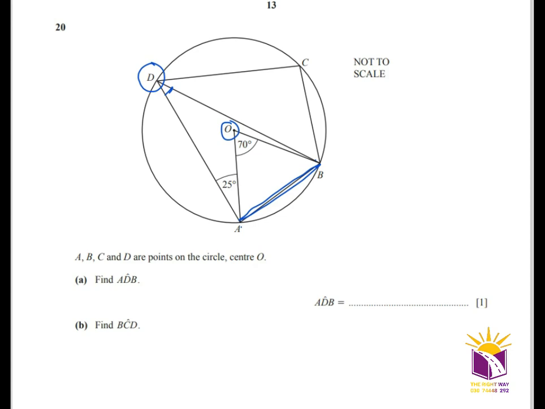We know that the angle at the edge is half and the angle at the center is double. So if this is 70, then this angle will be equal to 35. From the rules of the circle, the angle made at the center is double the angle made at the edge with a single chord.